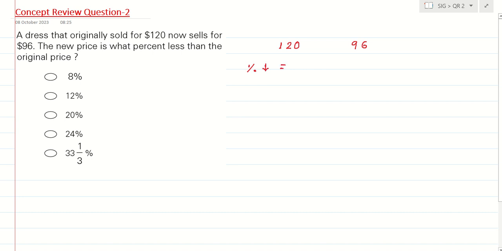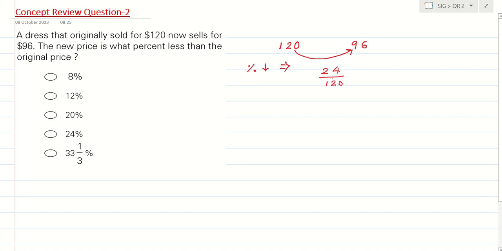Correct? Look at the question. The question is what percent less than the original price, which means the new price is lesser than the original price by what percent? Which means percentage change in terms of decrement. So what is the difference I'll get? 24. Super. And what is the original value here? 120.